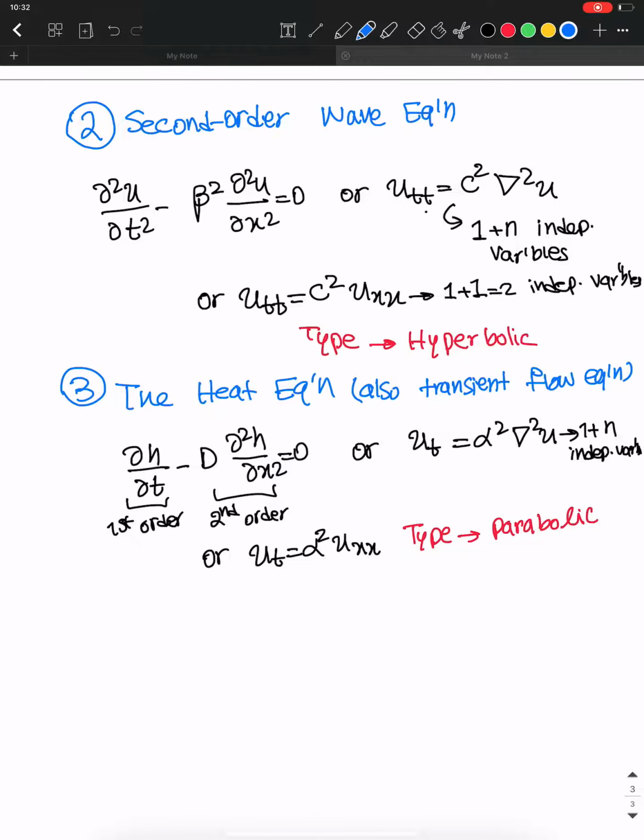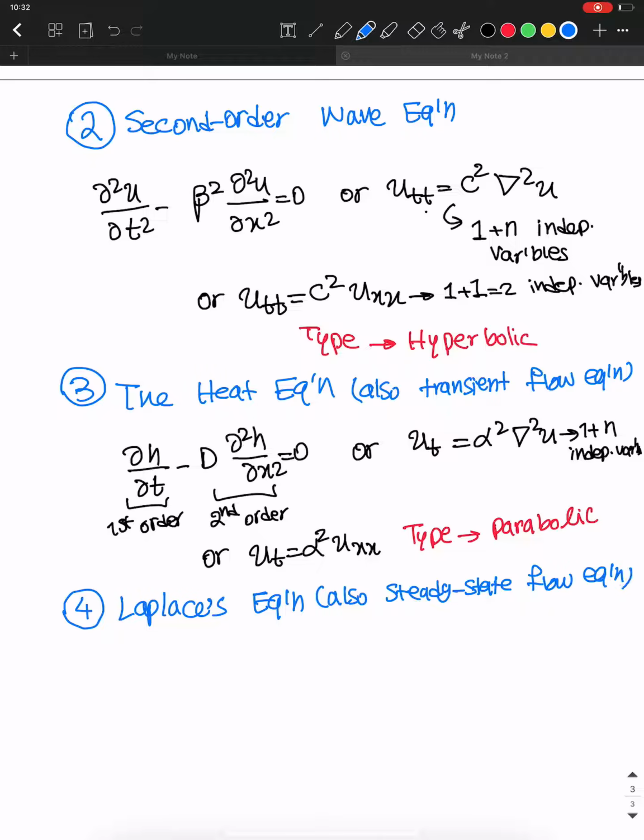The last equation that we are going to introduce here, the last homogeneous second order equation, is the famous Laplace equation, also known as the steady state flow equation.